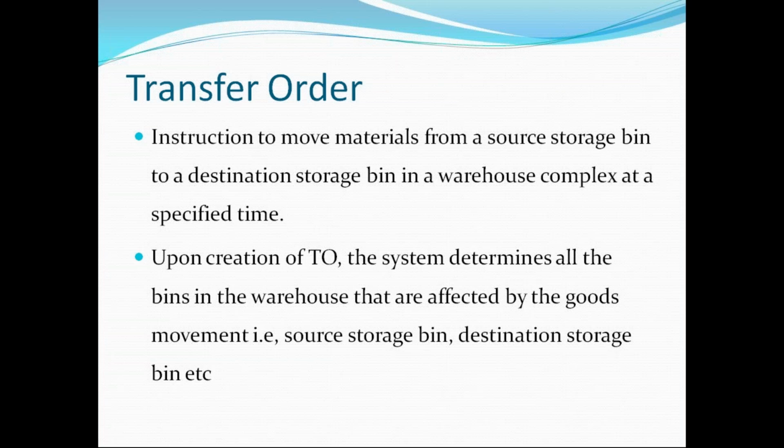Then for the change, LT1A for the modification of a transfer order. So after creation, we can modify the transfer order. Then we can display the transfer order using the transaction code LT21. Then we can confirm the transfer order using the transaction code LT12.